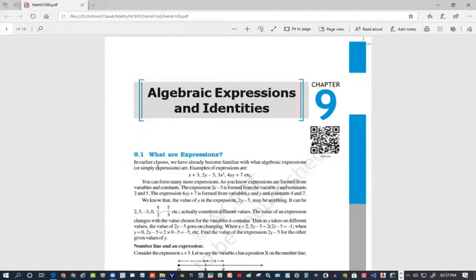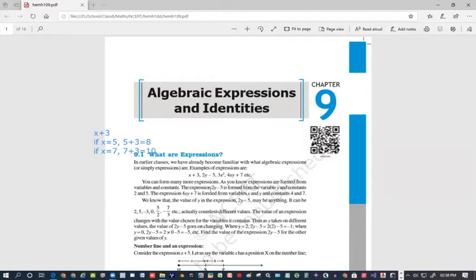So if the value of the variable changes, the value of the expression also changes. See once again, the value of an expression changes with the value chosen for the variables it contains. In this case it was just one variable. It can be more complex. As we see here, it is x and y also. It can be x, y and z also.